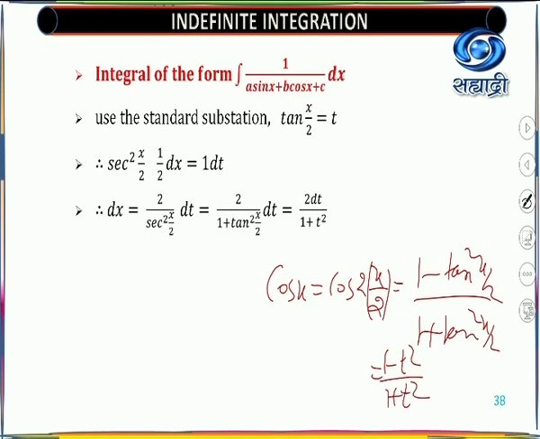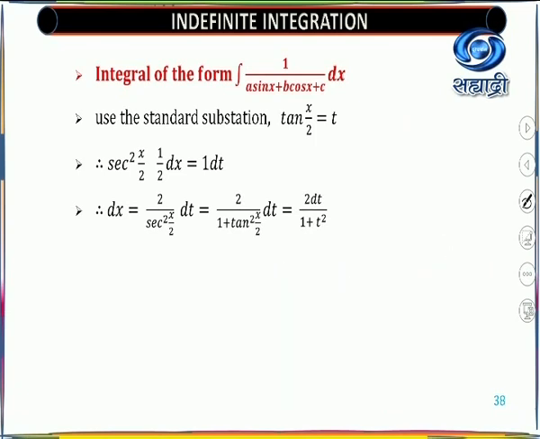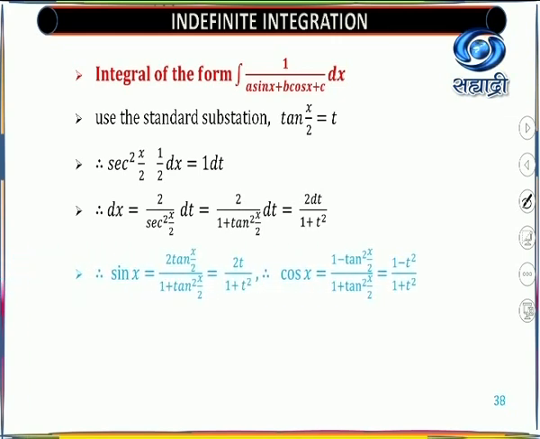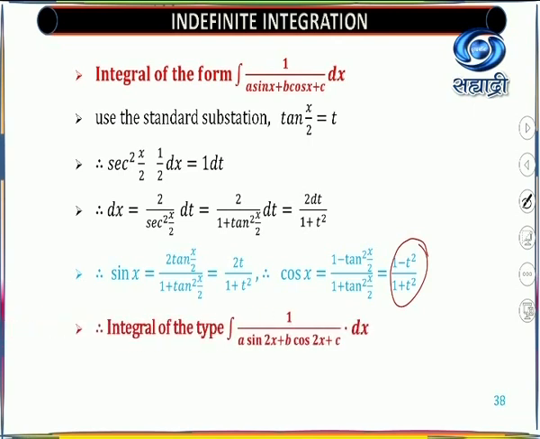So now you have all the values in terms of t. Sin x equal to 2t upon 1 plus t square, and cos x equal to 1 minus t square upon 1 plus t square. Those values you have to substitute in your integration. So this integration is converted into a quadratic in t.